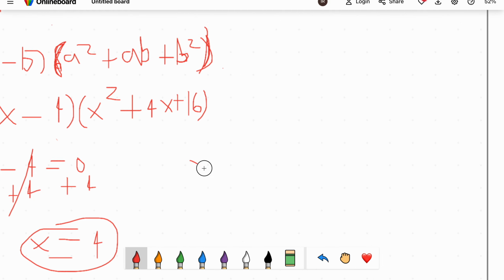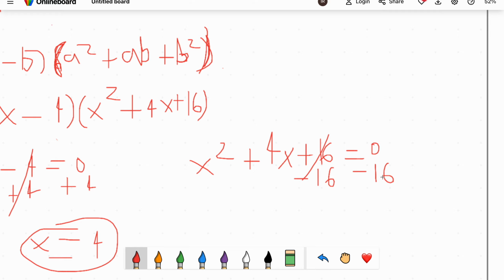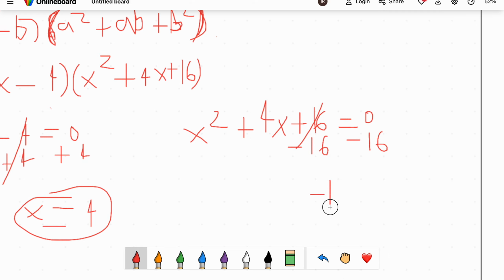So let's do it. We have x squared plus 4x plus 16 is equal to 0. And we subtract 16 on both sides. So now we have minus 16 is equal to x squared plus 4x.